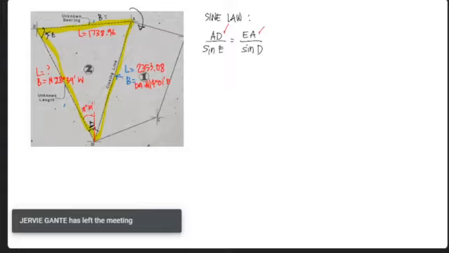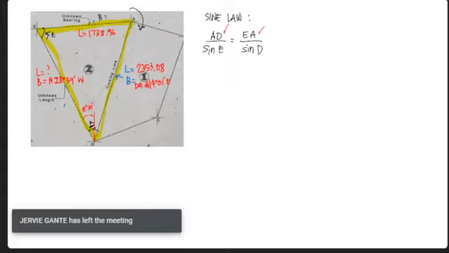And also, itong ating sine law, for our last line is yung ating line DE over sine A. Diba? So, meron na tayong E. So, nakuha na natin. So, ang hinahanap na lang natin is itong DE.